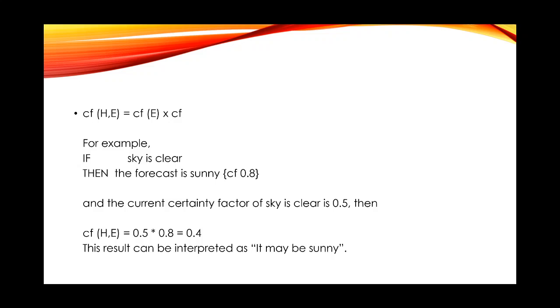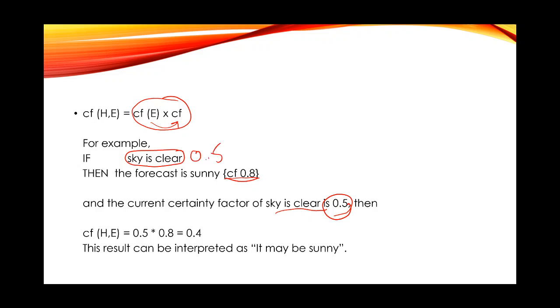So for example, we consider CF of H,E is equal to CF of evidence times CF. The example is: if the sky is clear, then the forecast is sunny with CF 0.8, and the current certainty factor of the sky is clear is 0.5.